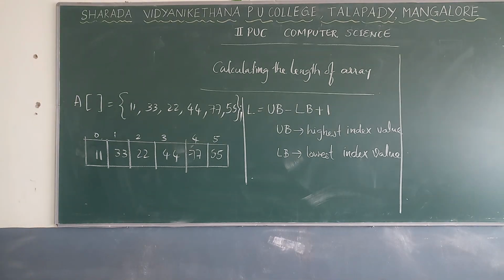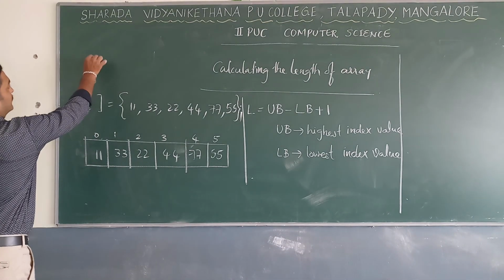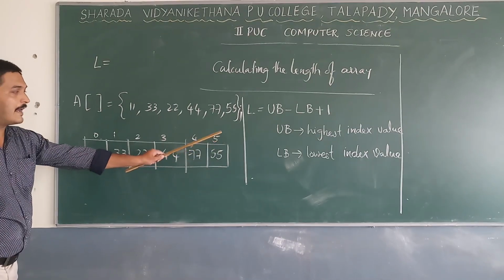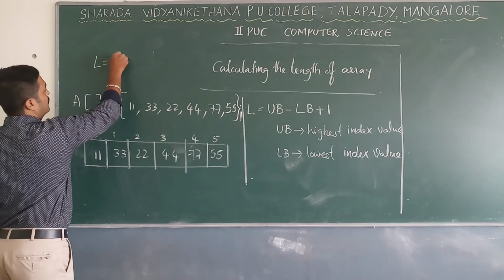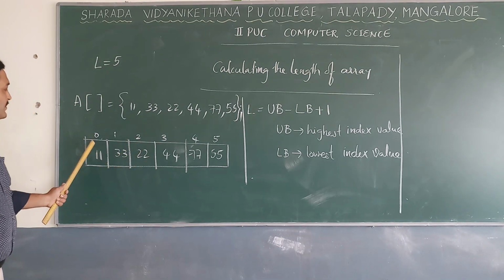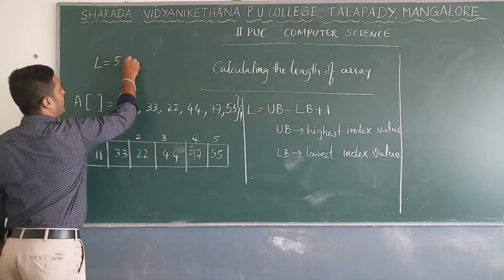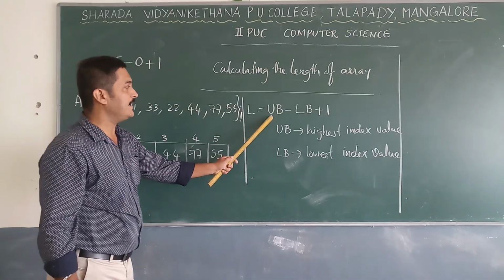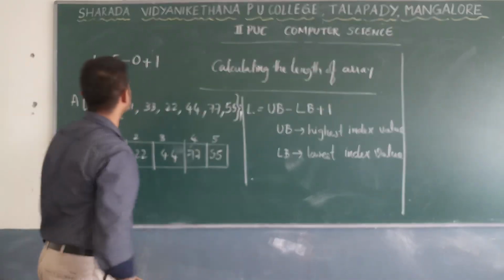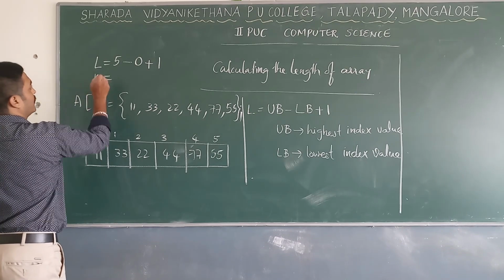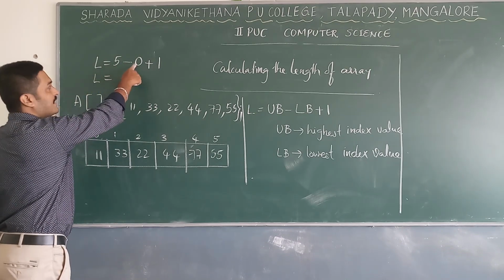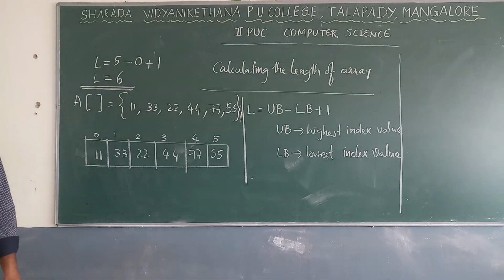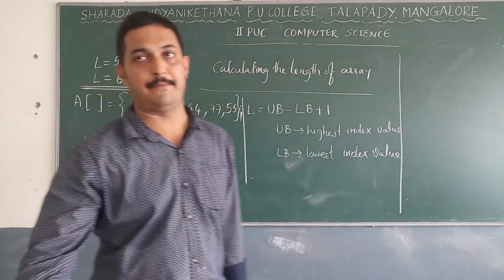And here we can calculate L. L equal to UB, upper bound or highest index value 5, minus LB, lower index value, 0, plus 1. So length equal to 5 minus 0, 5 itself, plus 1. So total 6.